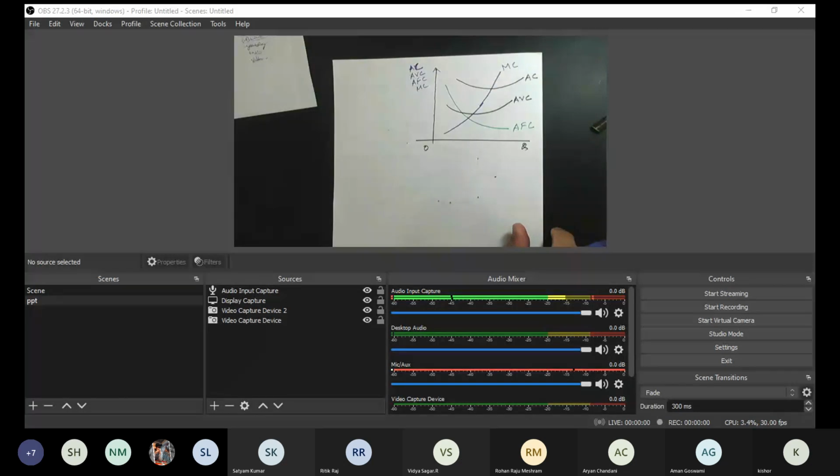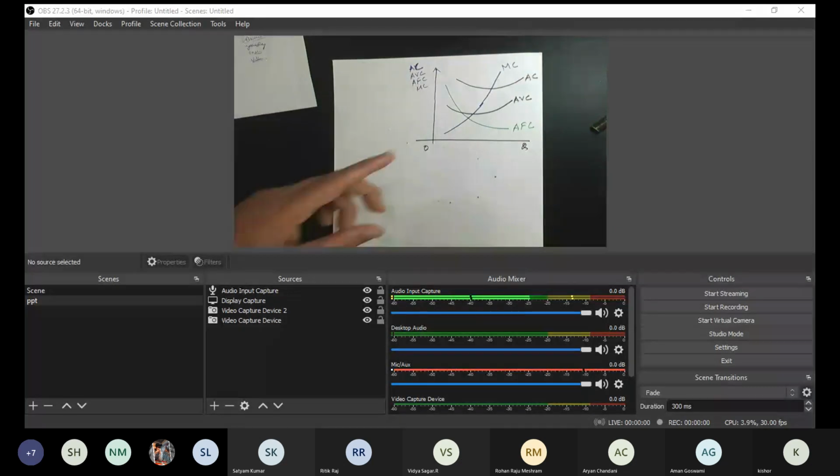Now this one you can prove in another way also. If you plot it on graph paper, you will get more or less this kind of shape. But you can prove it in another way also, if you study the relationship between AC and MC, average cost and marginal cost.